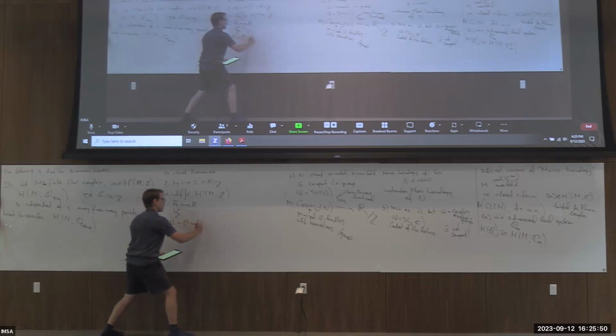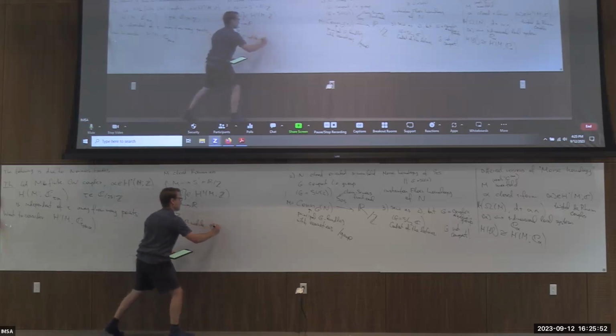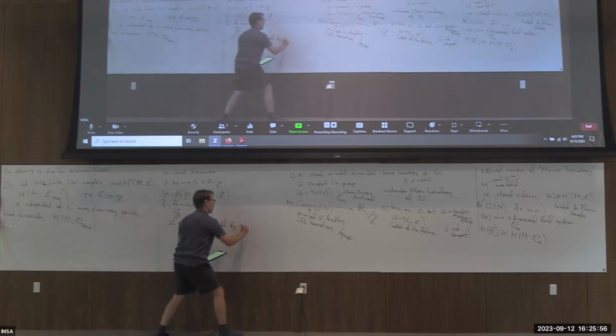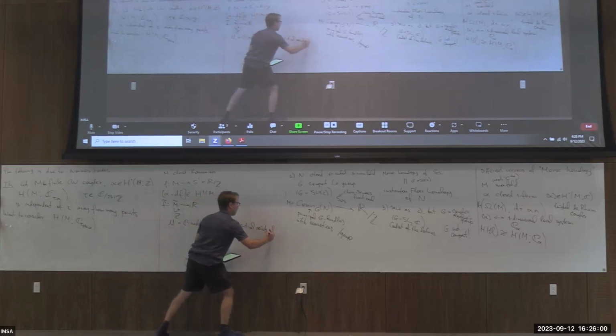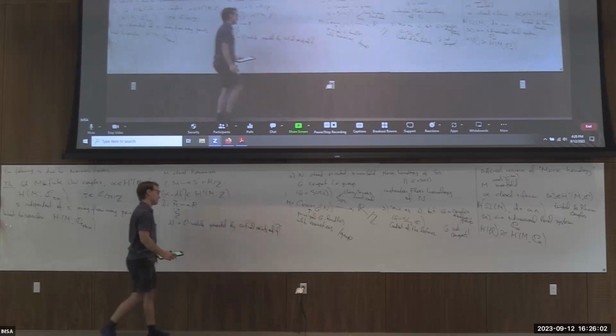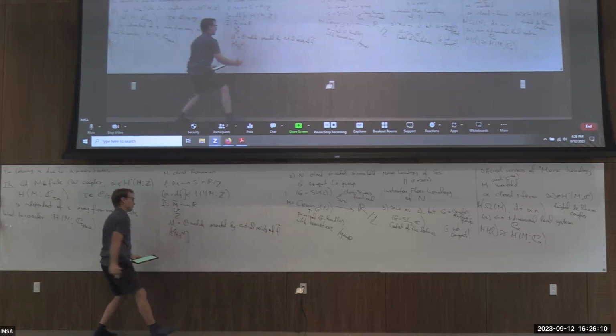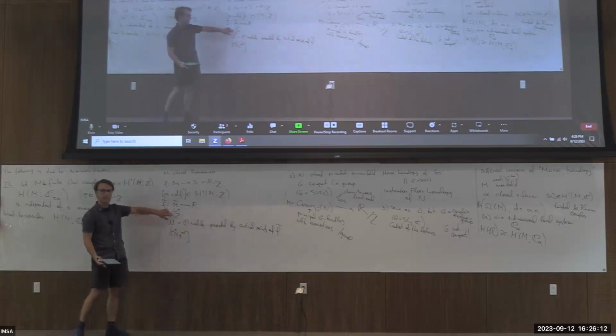So let's say it's a C module generated by critical points. It happens to be a module over the ring of Laurent polynomials just because you have this action of the deck transformation.